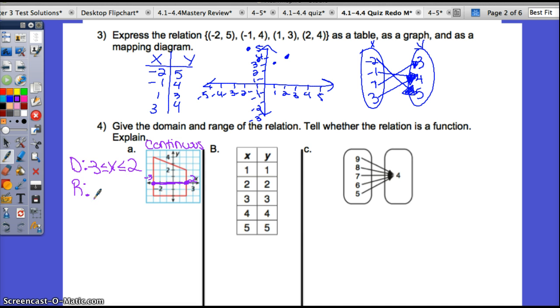Your range, if you look at your y-axis, goes everywhere from down here, which is -3, all the way up here to +4. So your y went from -3 all the way to 4.